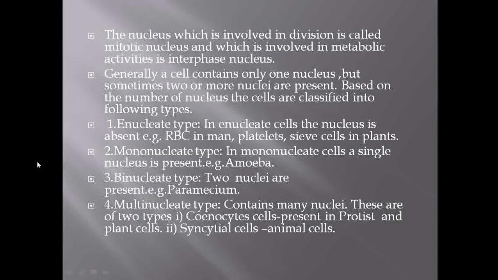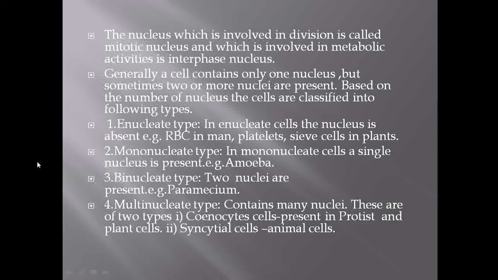The nucleus which is involved in division is called the mitotic nucleus. So when division is taking place, the nucleus is called the mitotic nucleus, and the nucleus which is involved in metabolic activities is called the interphase nucleus.